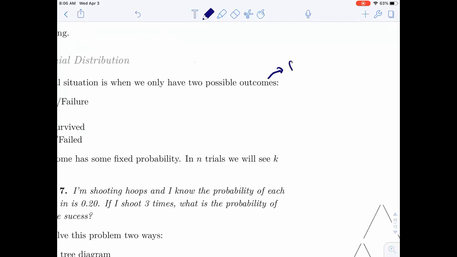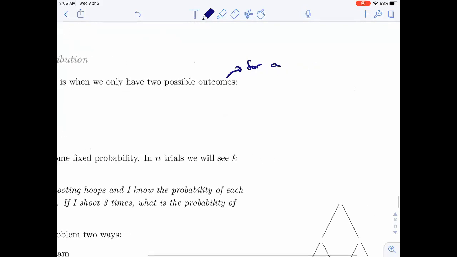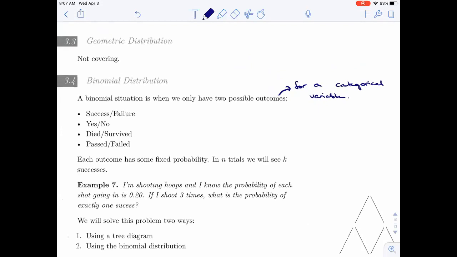I'll add that here: for a categorical variable, it's going to be very similar to proportions, right? Probably our least favorite section because we had to check all those assumptions.